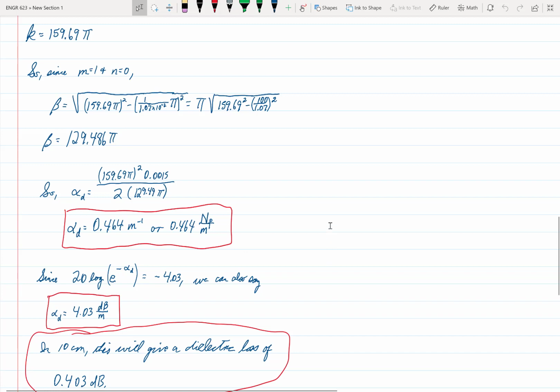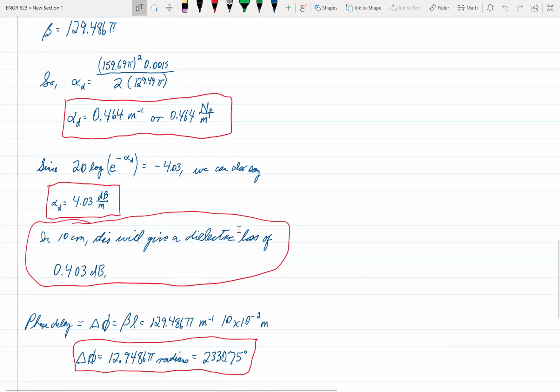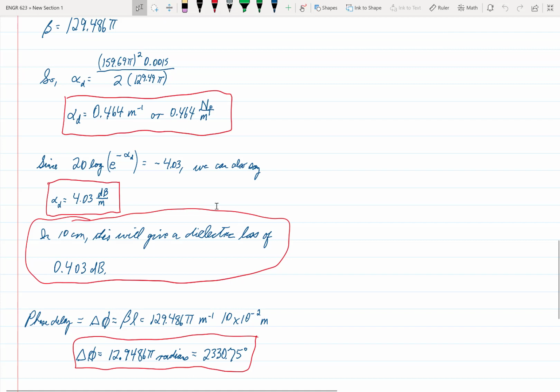Now, if we want to express the dielectric loss in terms of dB per meter, then we proceed as follows. We take e to the minus alpha d, calculate that, take the log to the base 10 of that, and then multiply by 20. And we get minus 4.003 in this case.